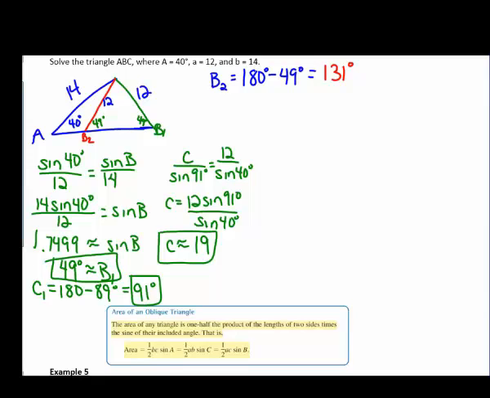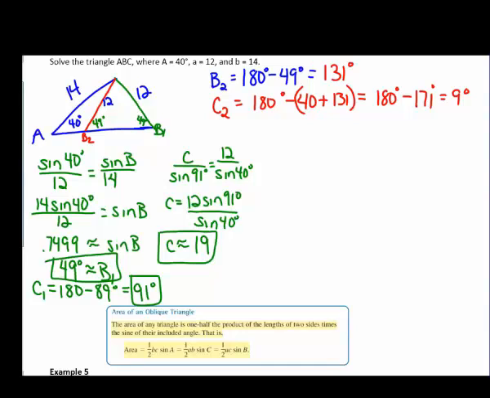All right, so now let's take a look at the other triangle, the red triangle, and let's find angle C sub 2 here. So we have 180 minus 40 and the 131. Why did I write 1800? That should be 180. And so that's 180 minus 171, which is 9 degrees.